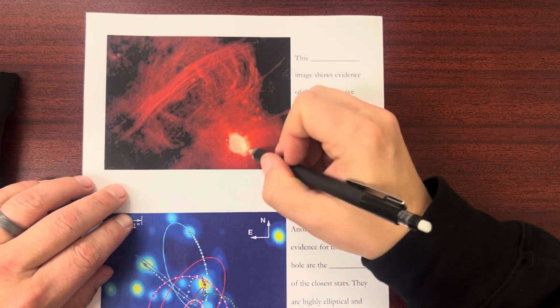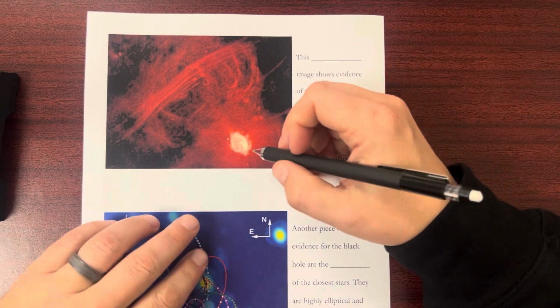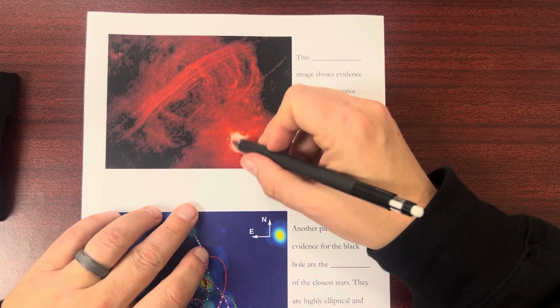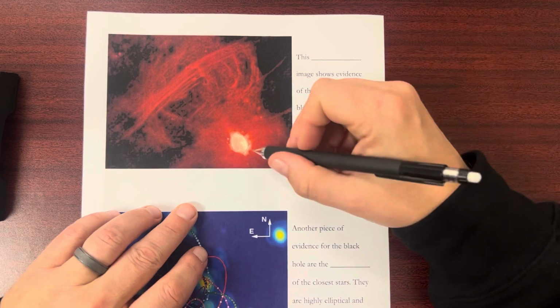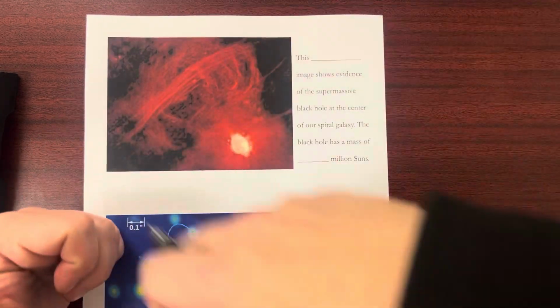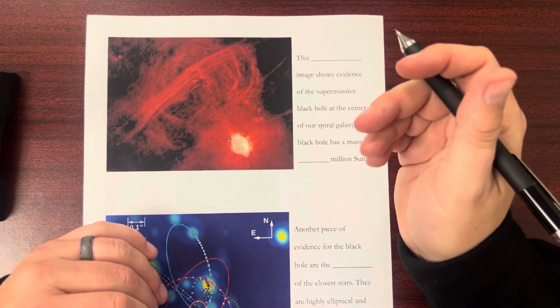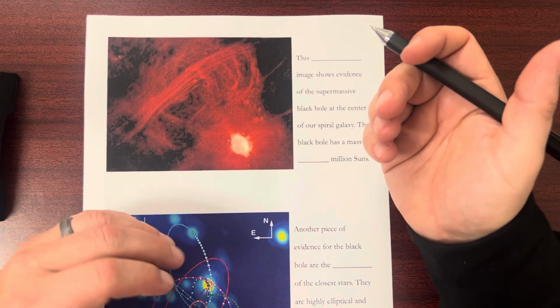We see parts of the electromagnetic spectrum, in this case radio waves, that are coming off of material swirling around the black hole. So that's what we're seeing here. You can't actually see the black hole, just evidence of the black hole.